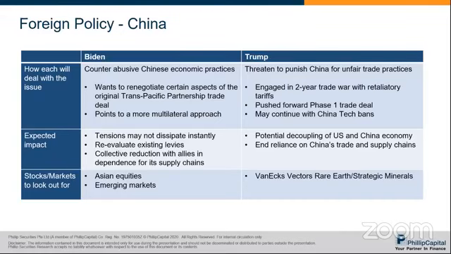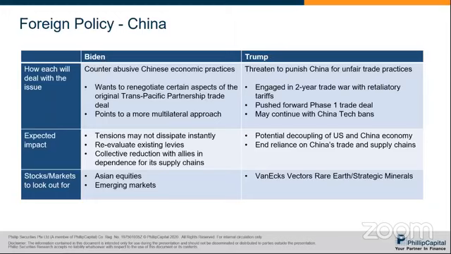We expect Biden to maybe re-evaluate existing levies, turn towards US allies to put pressure on China and counter China through a collective reduction in the dependence on China for supply chains. So Asian equities in general could see some near-term relief if we see a Biden win.